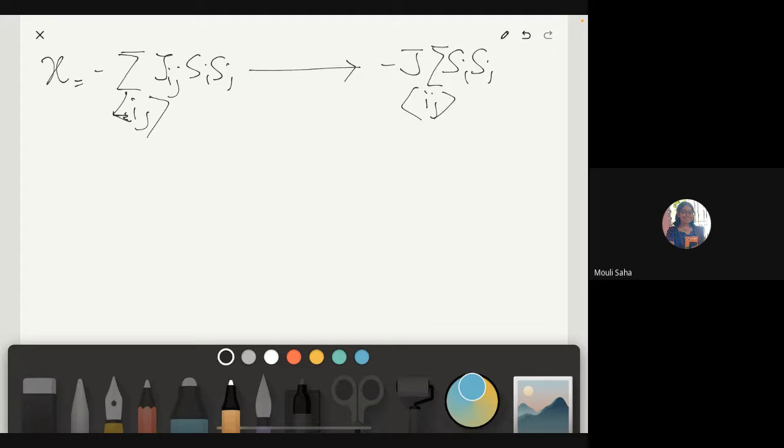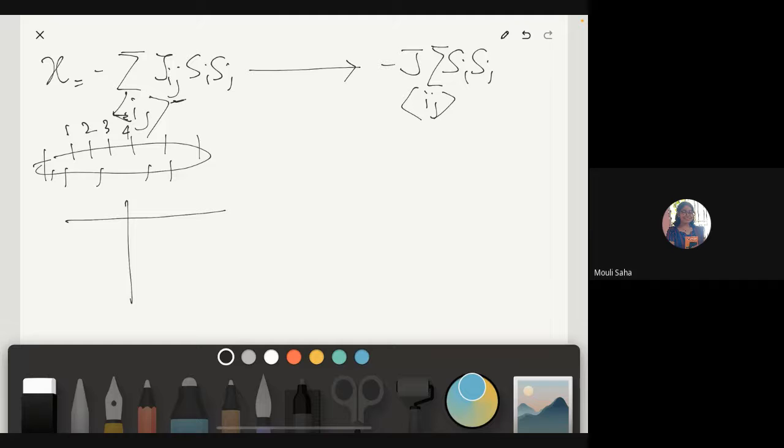But what is the general situation? The general situation is the J_ij values are different for different sites. Let's say you are on a one-dimensional lattice, so these are your spins, the lattice sites, and this is 1, 2, 3, 4, etc. And the values are given to you. So suppose somebody has given you a table. I should write here i, j, and somebody has given you the values.